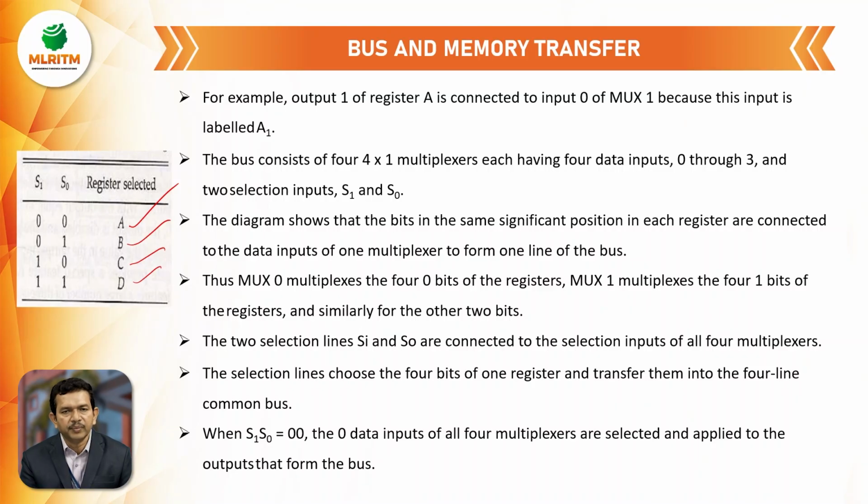Likewise, we label all the outputs as A1, A2, A3, A4, and B1, B2, B3 and B4, which designate the connection of data between the registers and the multiplexers. Register 3 cannot be connected to multiplexer 1. So to make it clear and avoid confusion, we use the designations A1, A2 and A3.